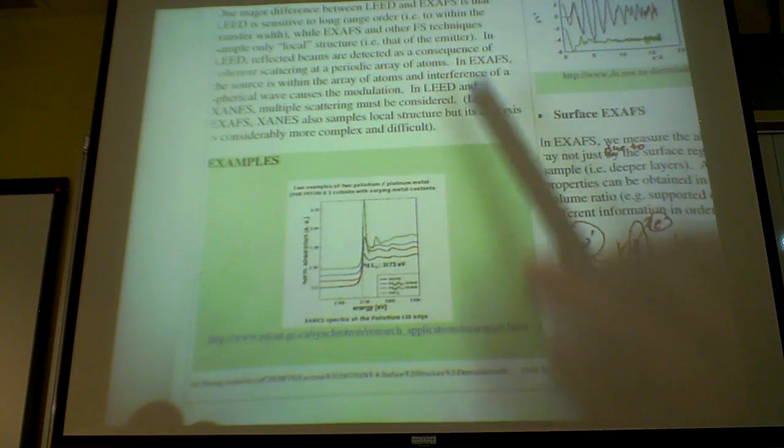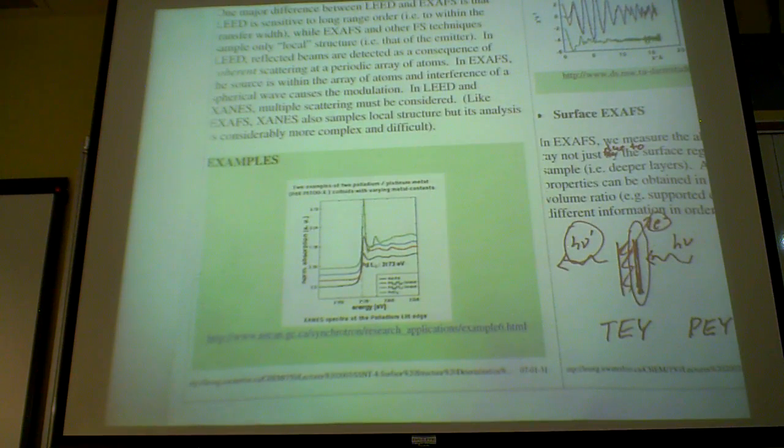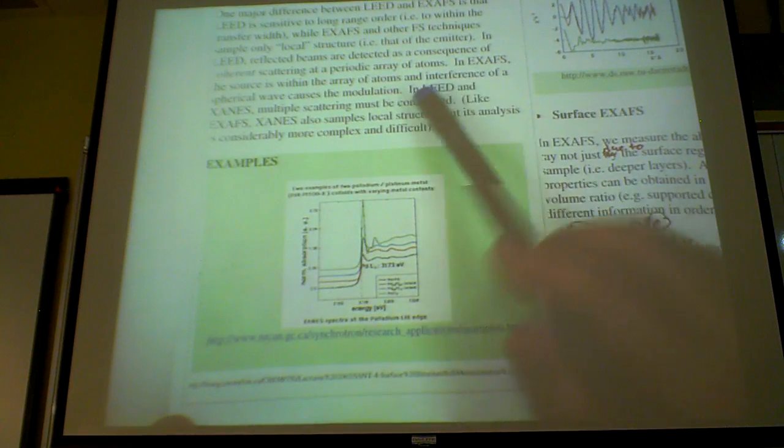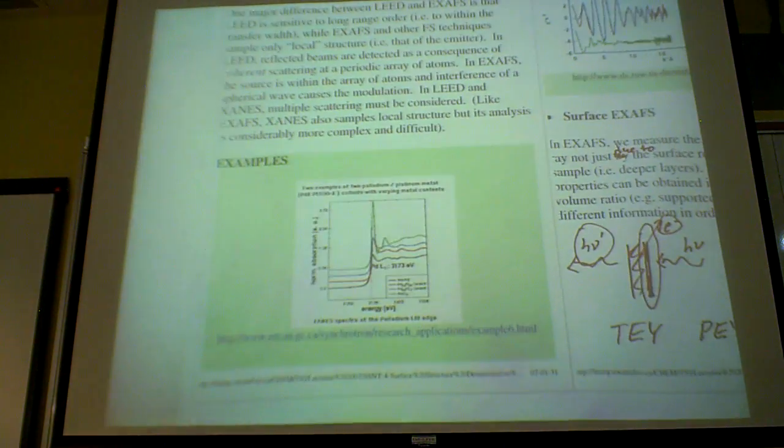Okay, so that's the basic point about this, and furthermore, the analysis for LEED and SEXAFS, right, near structure, because they're dealing with low energy electron scattering, multiple scattering must be considered in order to model the intensity that you got. Whereas in XAFS, single scattering theory is enough. You can generate the Fourier transform, it is quite wonderful in that sense.